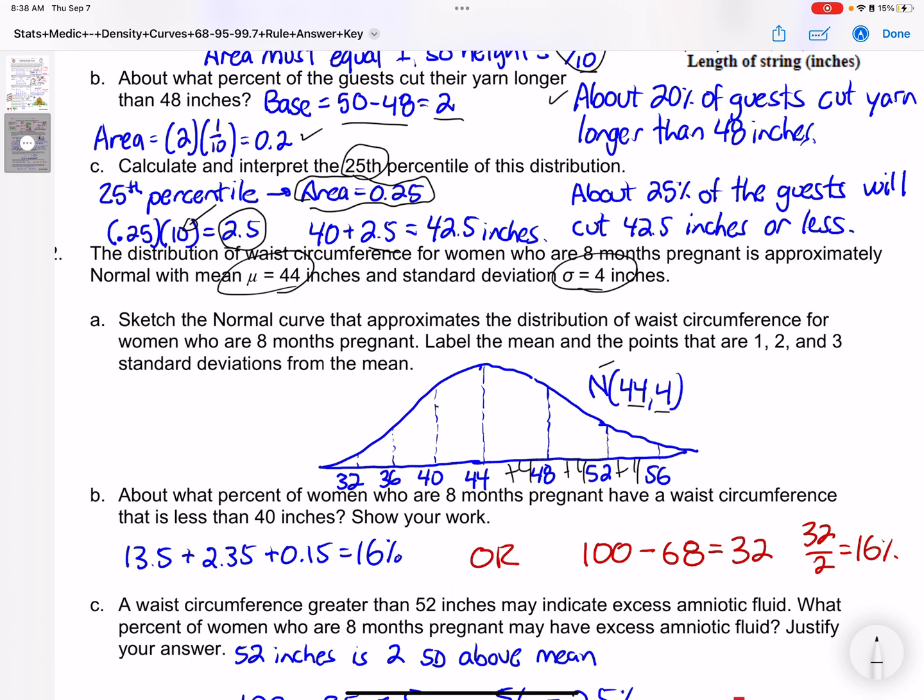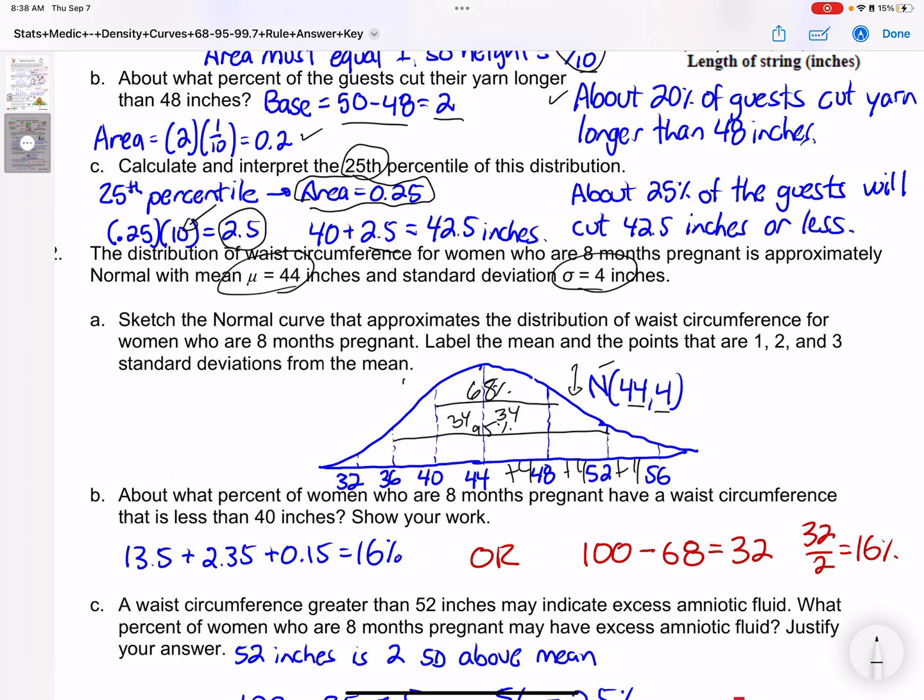If this is 68%, then this is 34, and this is 34. If this is 95%, we do some math: 95 minus 68 is 27.